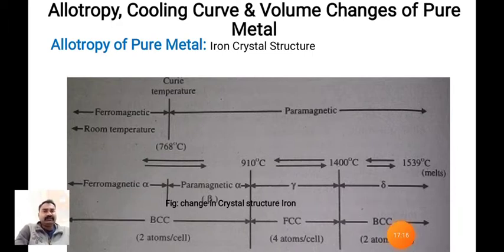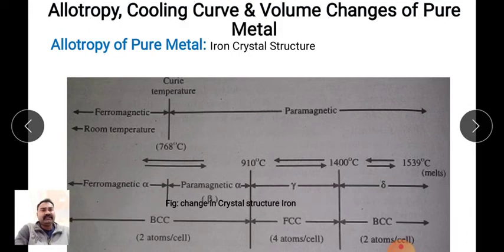Now see here, in this diagram shown over here, it will be divided into 3 parts. What are the 3 parts that we will see here? We know that from room temperature to 910, alpha ferrite is present.